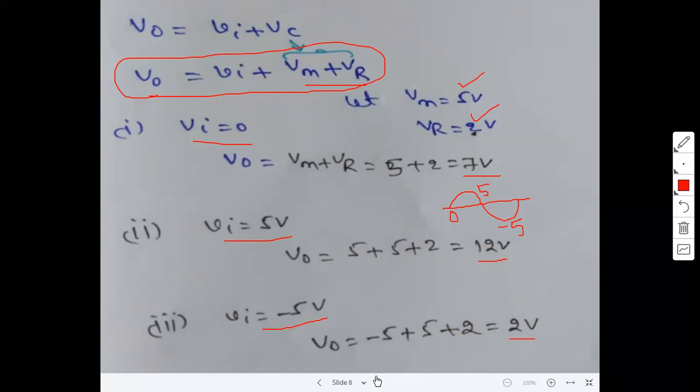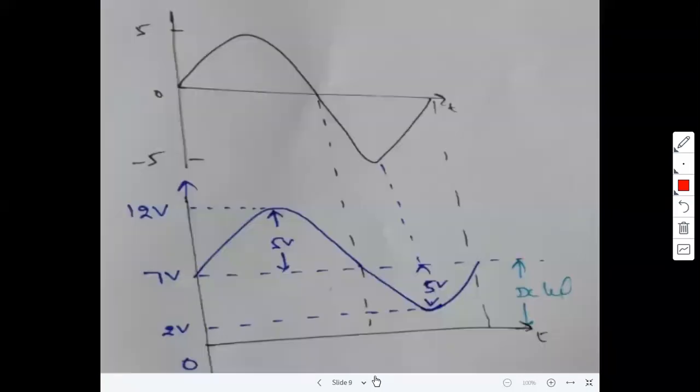Based on this, draw the waveform. What is the condition here? The truth table: when Vi is equal to 0, the output is equal to 7 volts. When Vi is equal to 5 volts, the output is 5 plus 7, equal to 12 volts.